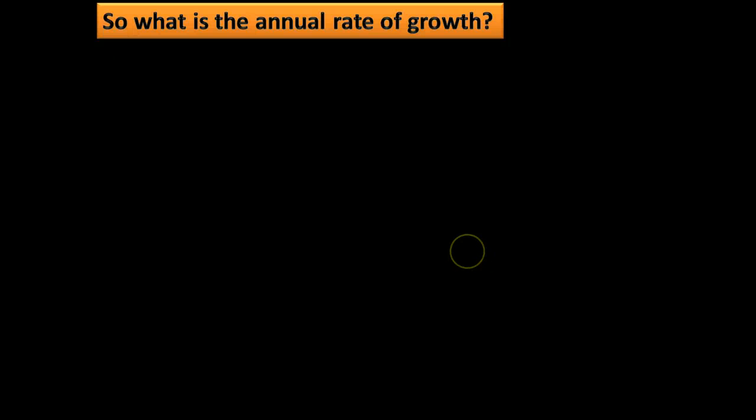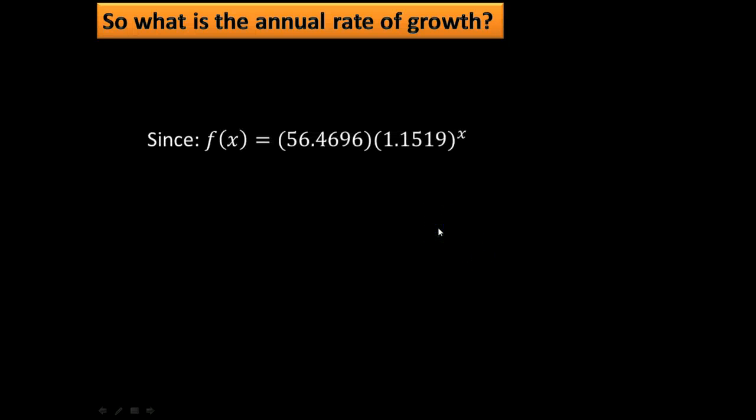Okay, so what is the annual rate of growth? Well, this exponential equation is what estimated our population. But if you remember, our periods were decades: 1890, 1900, 1910, etc. So this number is telling us we have about a 15% growth over 10 years.